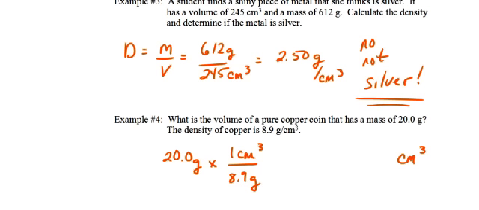The reason why we're able to do that, or want to do that, is because we want the grams to divide out top and bottom. And so now it is simply going to be 20 divided by 8.9, and we have 2.25. Or if you round to 2 sig figs, it's going to be 2.2 cubic centimeters. That concludes Chapter 3.